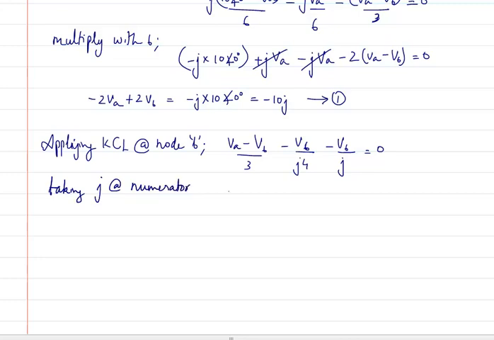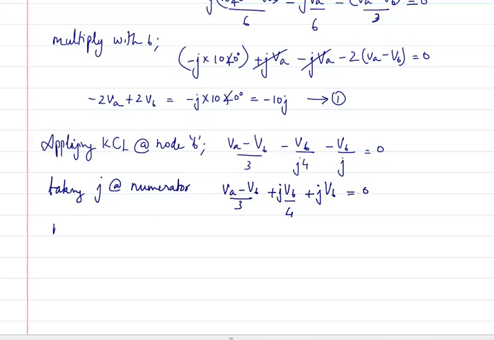So if I take J at numerator, I will get VA minus VB by 3. That is not an issue. The J goes on top, so it becomes minus J, minus and minus, plus JVB divided by 4. Again J goes to the top, so it becomes plus J. So minus J, minus and minus, plus J VB divided by nothing is equal to 0.